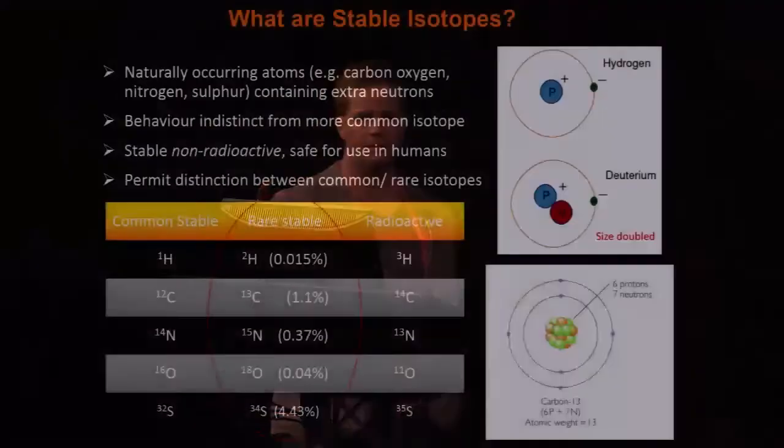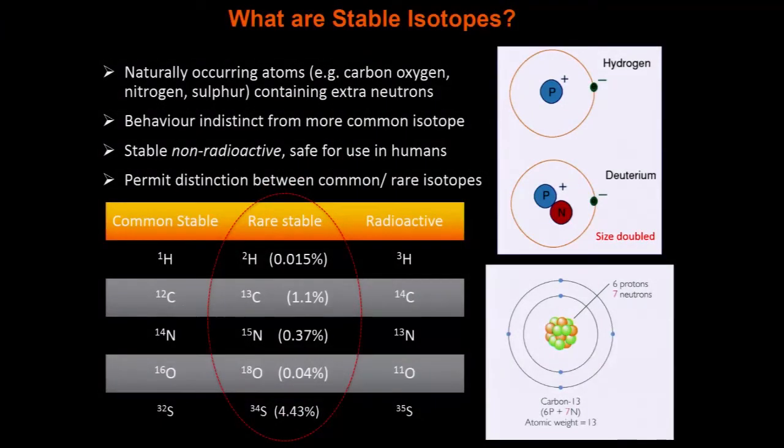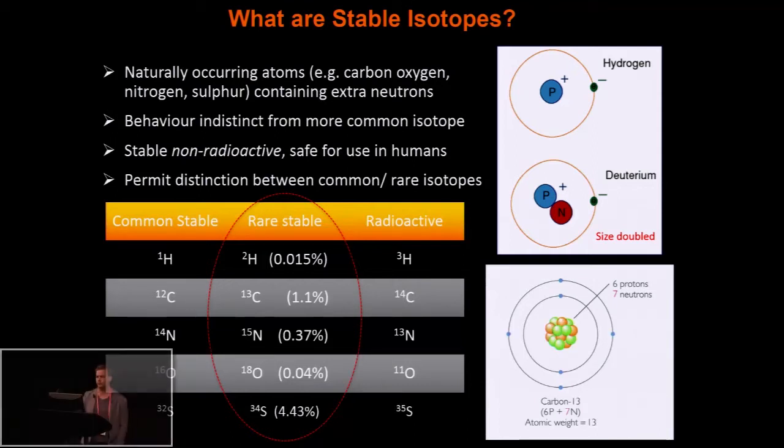First of all, I'd like to describe a little bit more about what stable isotopes are, because many of the audience might not be familiar with them. Essentially, a stable isotope is a naturally occurring atom, for example carbon, oxygen, nitrogen, but these stable isotopes actually contain extra neutrons.